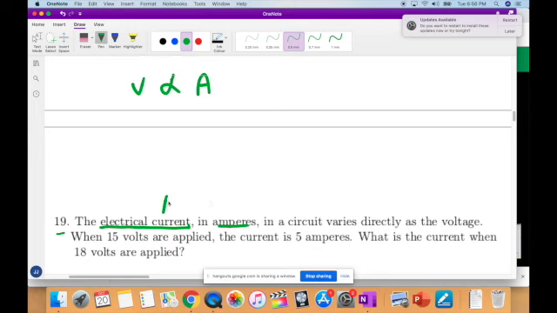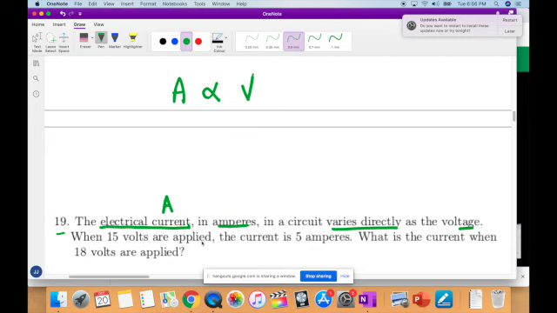So the electrical current A in a circuit varies directly as the voltage. So as the amps go up, the volts go up.